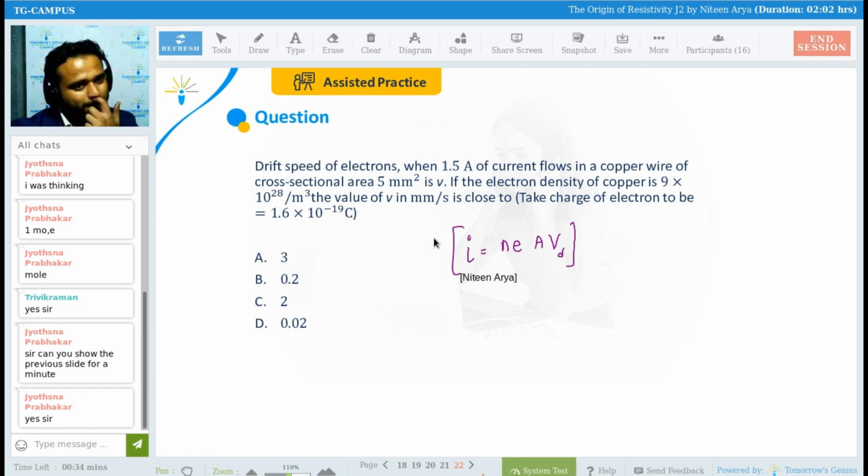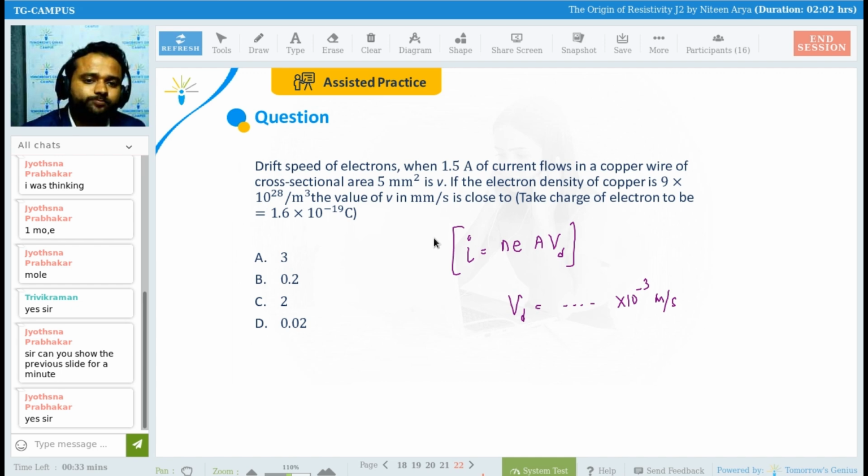But something is hidden in this: you need to find mm per second, so you get something which is 10 to the power minus 3 meter per second. That is enough hint I have given you guys. Everything is given after this, so put it into the formula and find the correct answer.